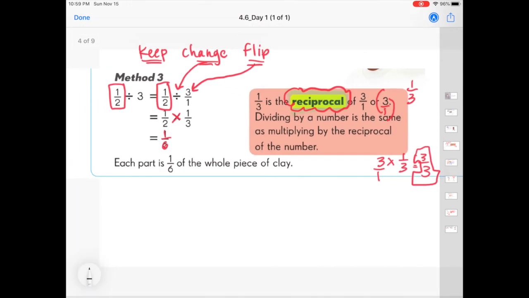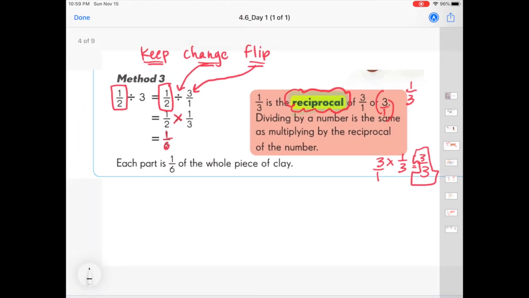And the third method we looked at was the shortcut, the keep, change, flip method. And we learned in this method that the reciprocal is really flipping the numerator and denominator. And when we multiply a number by its reciprocal, we always get 1 whole.